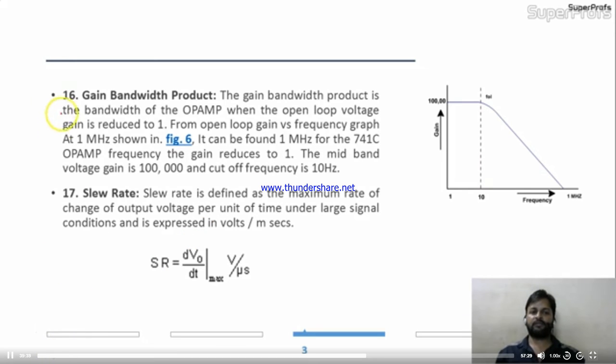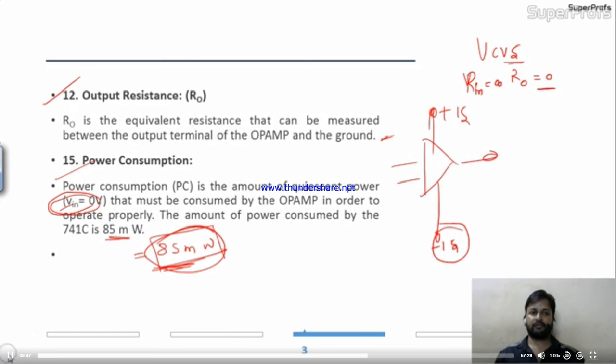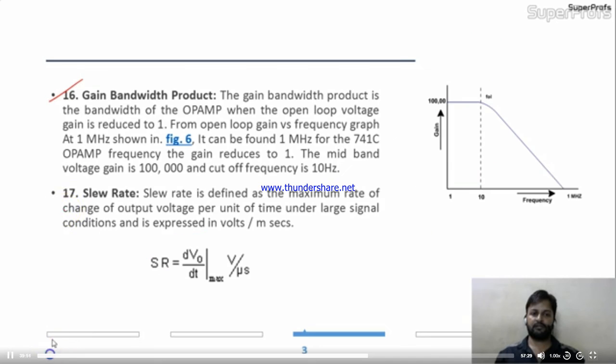Okay. Let's come to the gain bandwidth product. It's a very important point as far as the op-amp is concerned.